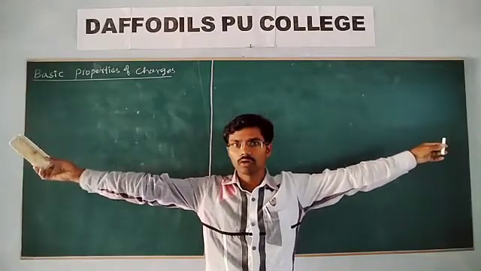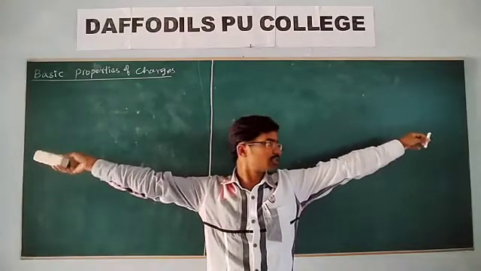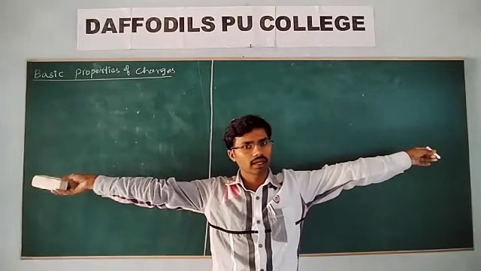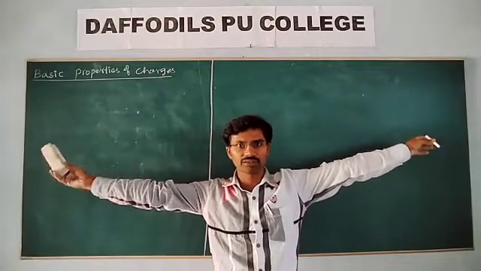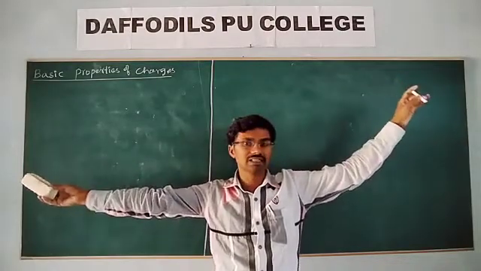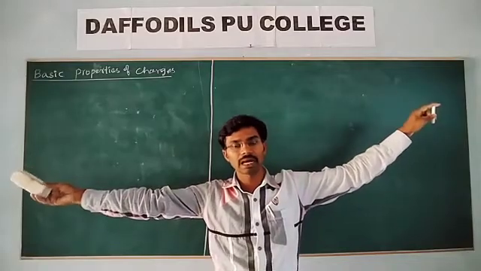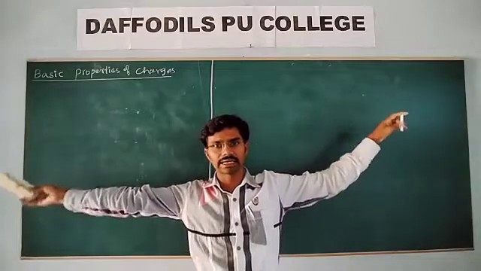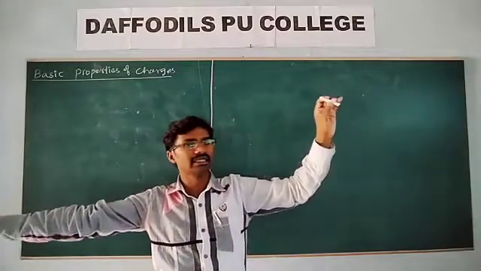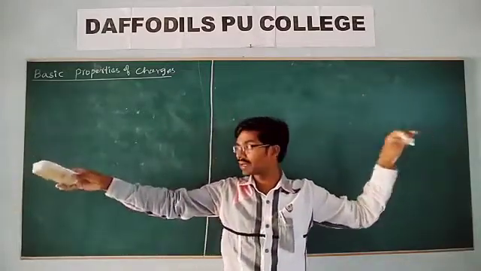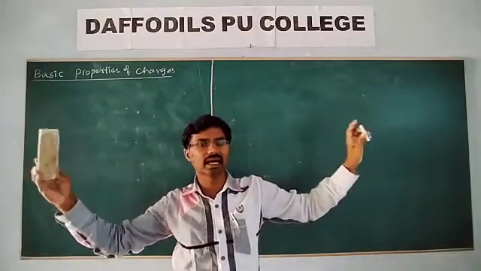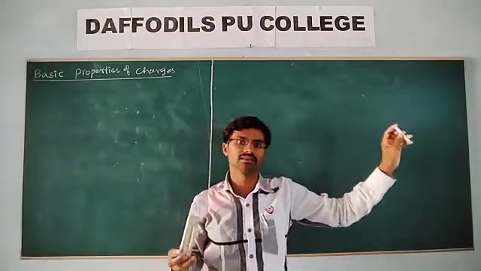Now what would be the separation between these two bodies? Around 1.5 meters, or let me take approximately 2 meters. Now this 5 centimeters is very small compared to the separation between the charges. The size is very small compared to the separation, so you can call these charges point-size charges.